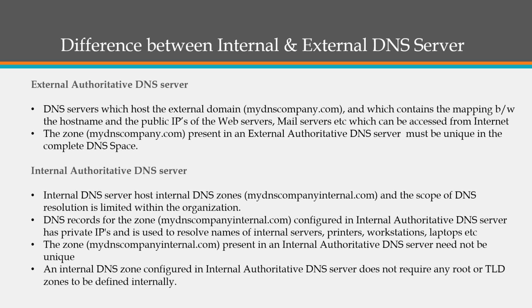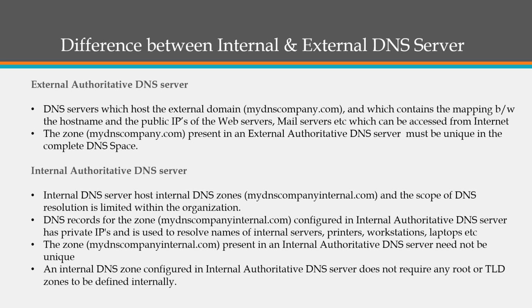But for public IP addresses, every organization receives a very specific subnet, and two organizations cannot use the same public IP address. Similarly, an external DNS domain has to be unique. The DNS servers which host google.com, facebook.com or youtube.com are all external authoritative DNS servers.